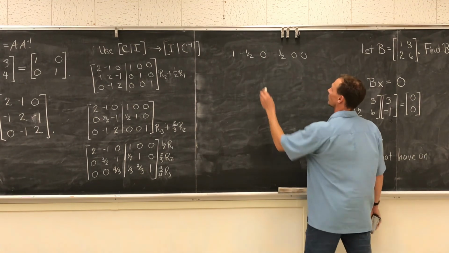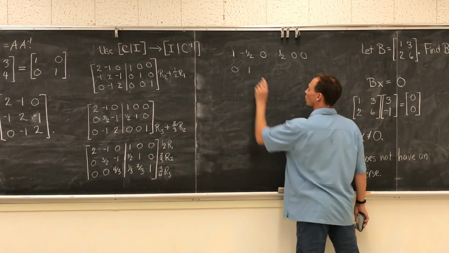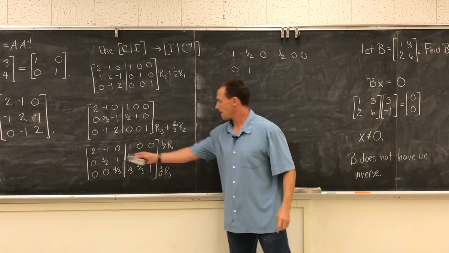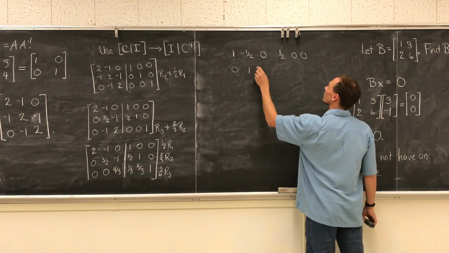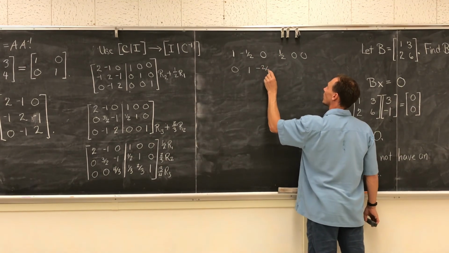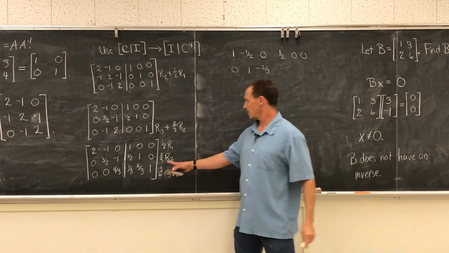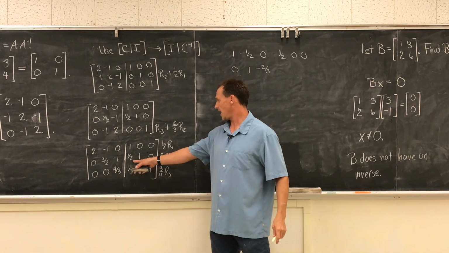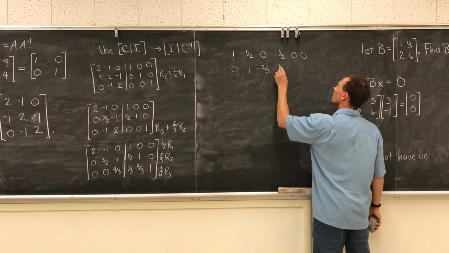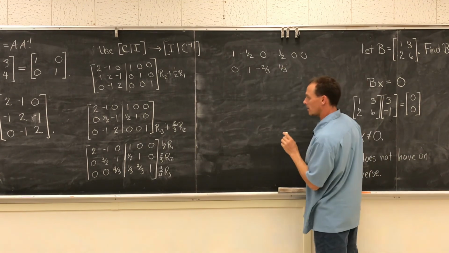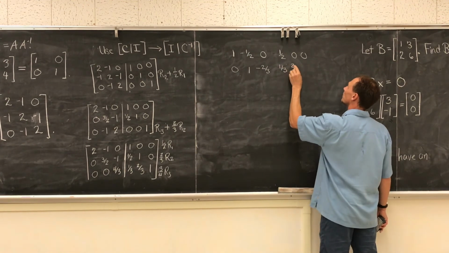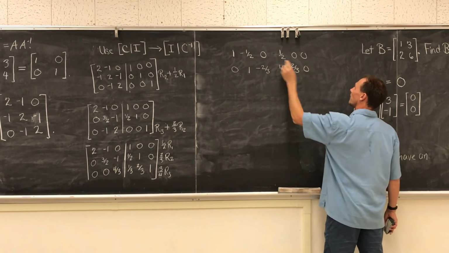Then I have 0, 1, minus 2/3. 2/3 times 1/2 is 1/3. 2/3 and a 0.